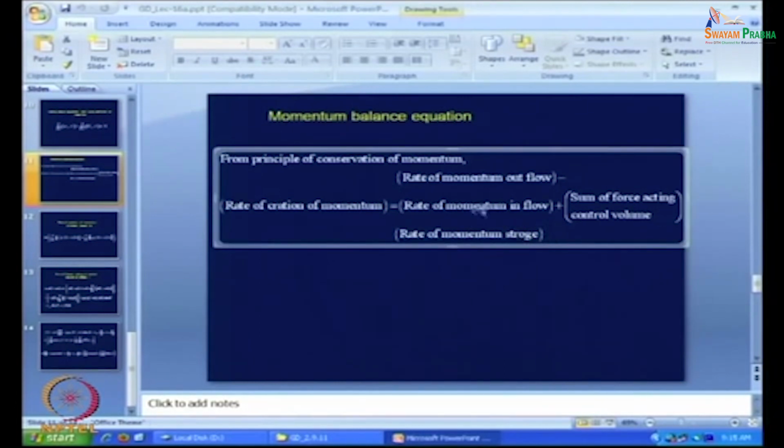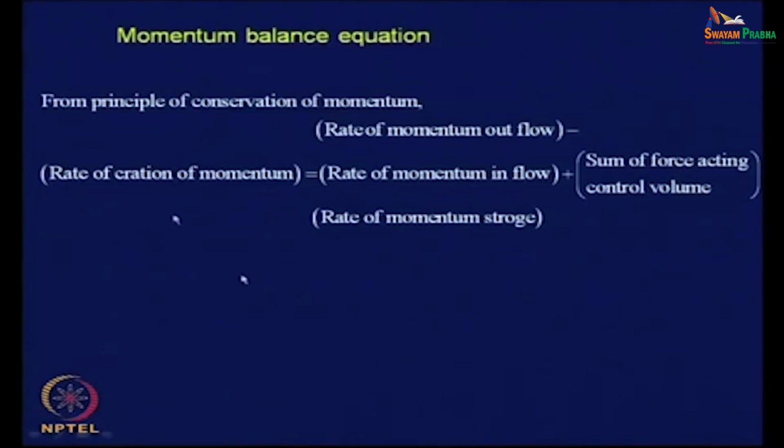Anyhow, we will correct it later. So, rate of creation of momentum is nothing but rate of momentum outflow minus rate of momentum inflow plus rate of momentum storage, and that is nothing but equal to the sum of forces acting on the control volume.